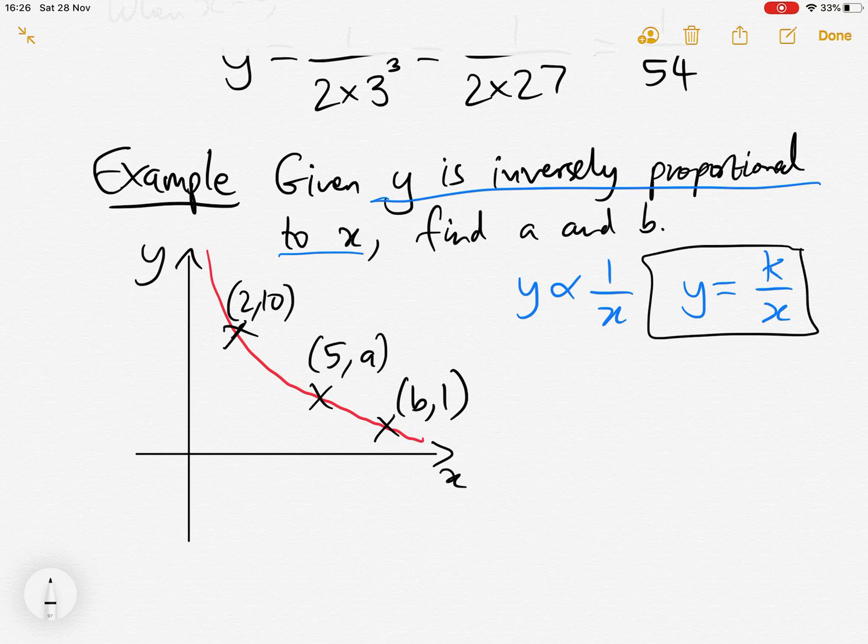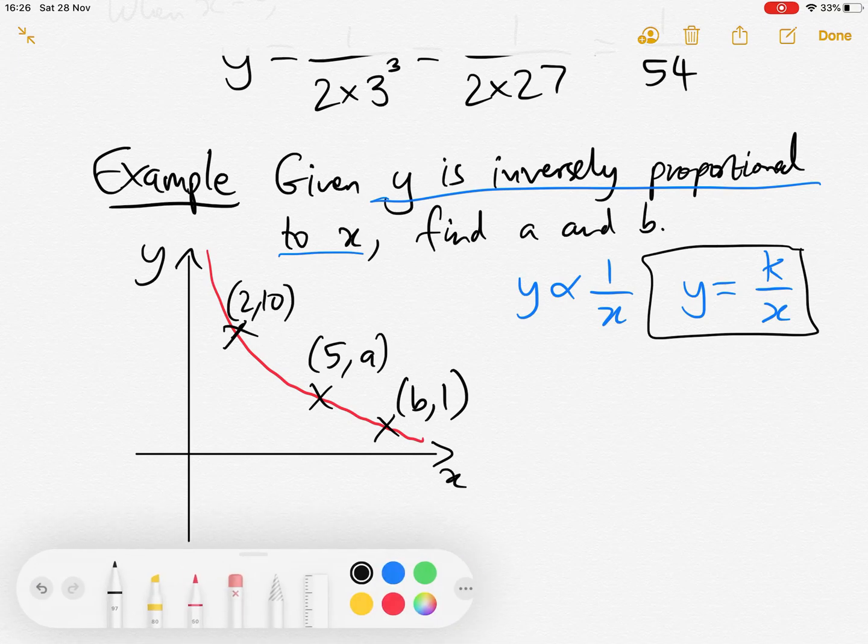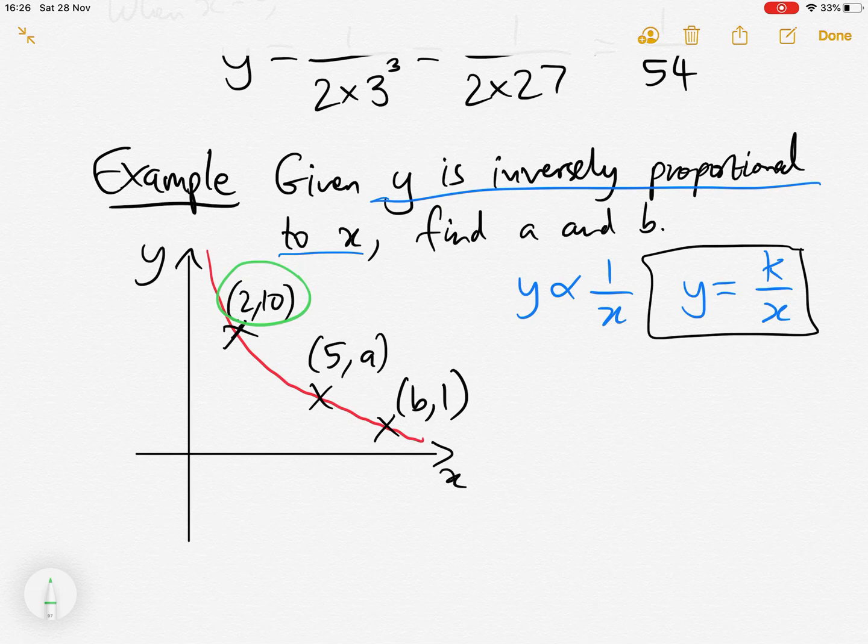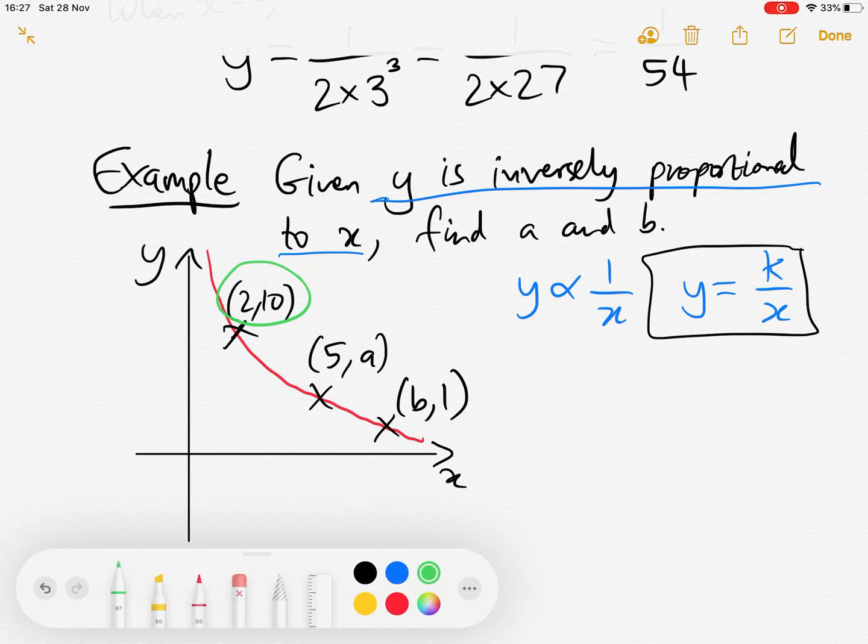And then what do we need to do next? Well, we've got a piece of information we haven't used, this point that's on the curve, this point 2, 10. Well, what does that mean? If that lies on this curve, that means when x is 2, y is 10. So we can put in that information.